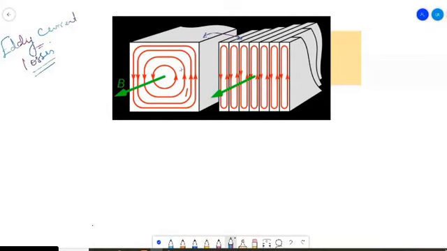So the key to reducing the eddy current is to reduce the surface area. That is what has been done on the right side. They have reduced the surface area, and the nature of this eddy current is not desirable, because it will actually oppose the cause that has produced it.